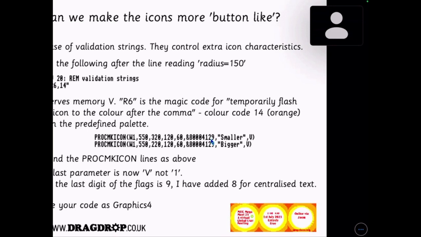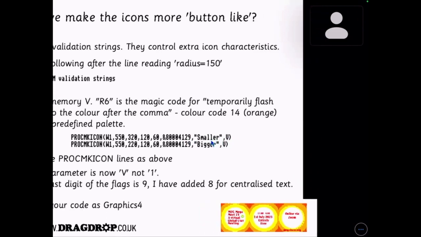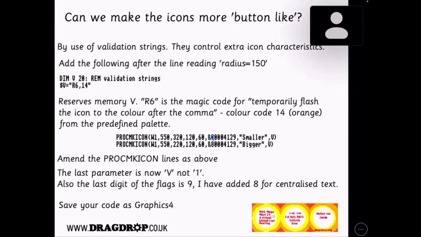Well, all I've done there is add 8 to get RISC OS to centralize the text on the icon button nicely. Before, you might have noticed it was left justified. It was over to the left. Not a big deal, but it just makes the appearance look nicer.